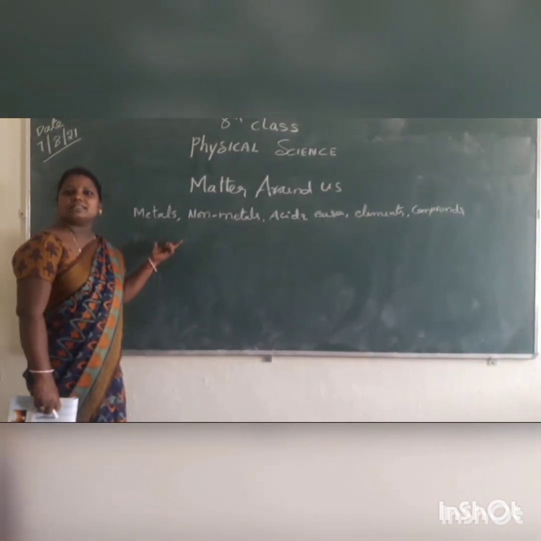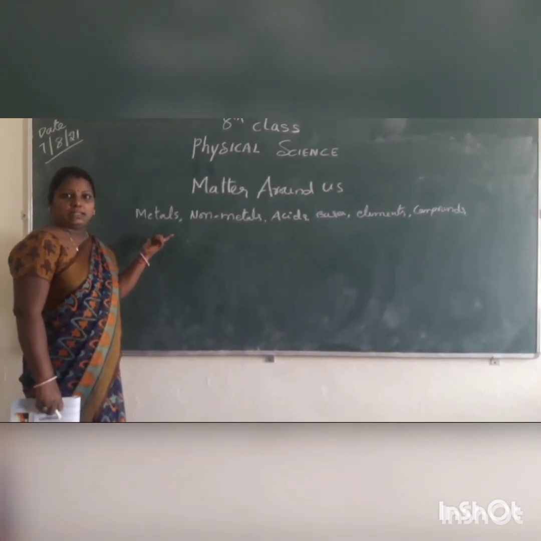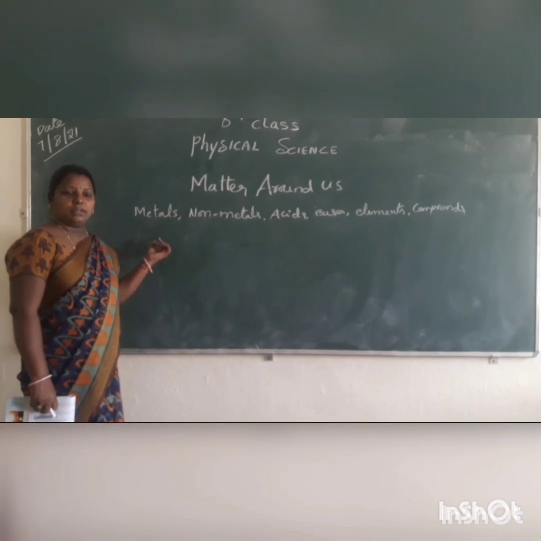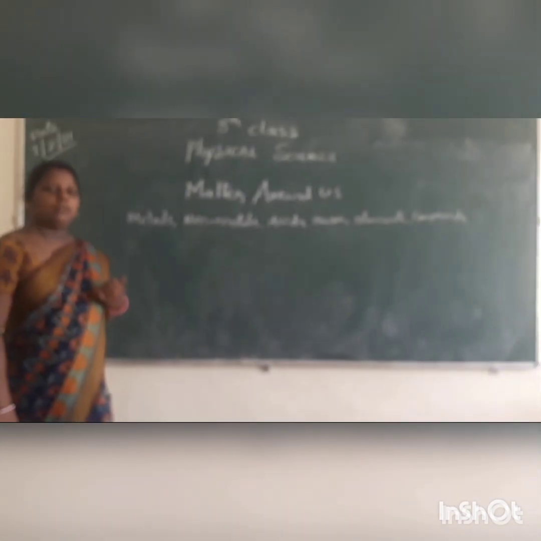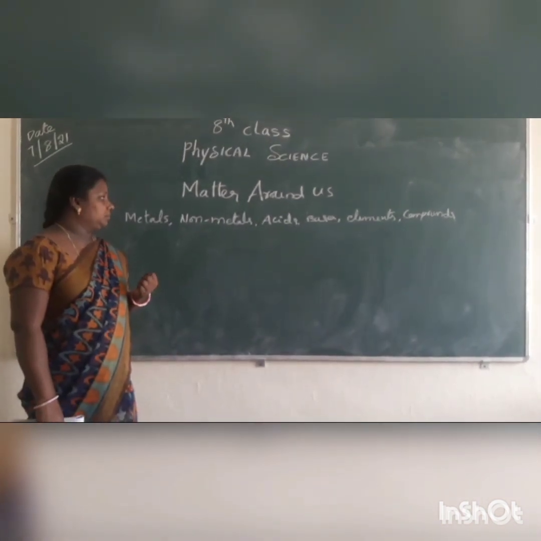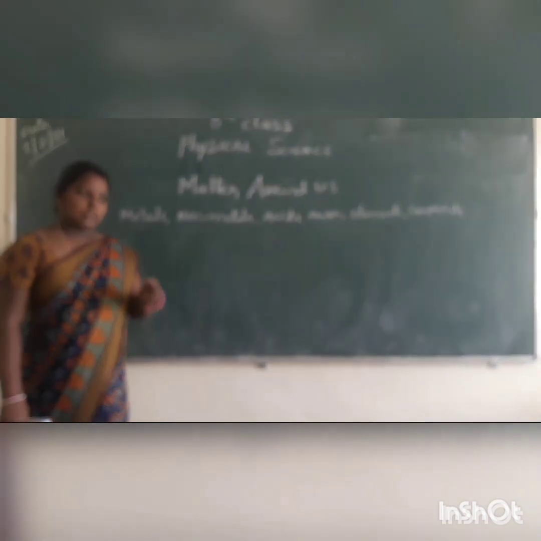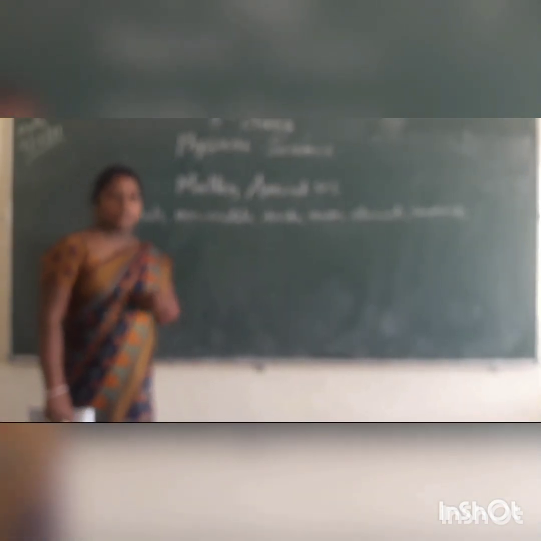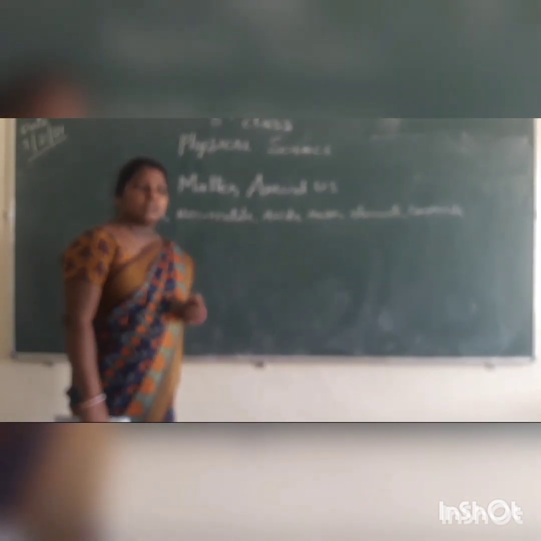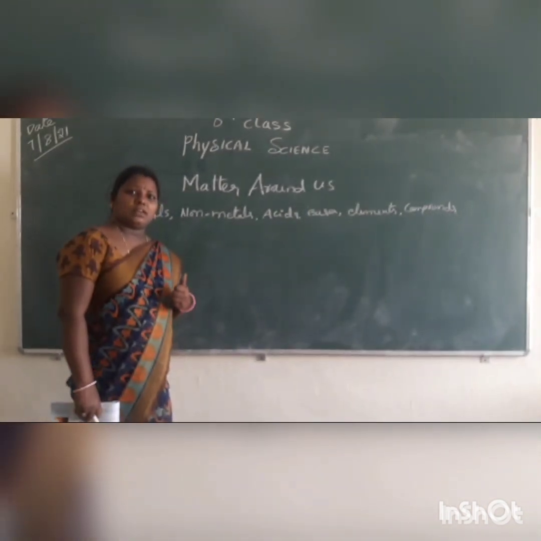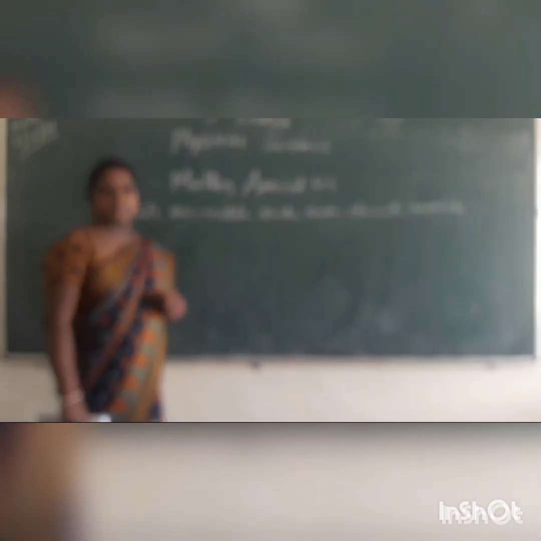These are substances. For example, some metals are hard to touch, and some metals are in a liquid state, for example mercury. Like acids, some are liquid, some are in a crystal state. Why? The substances are in different states. What are their properties?